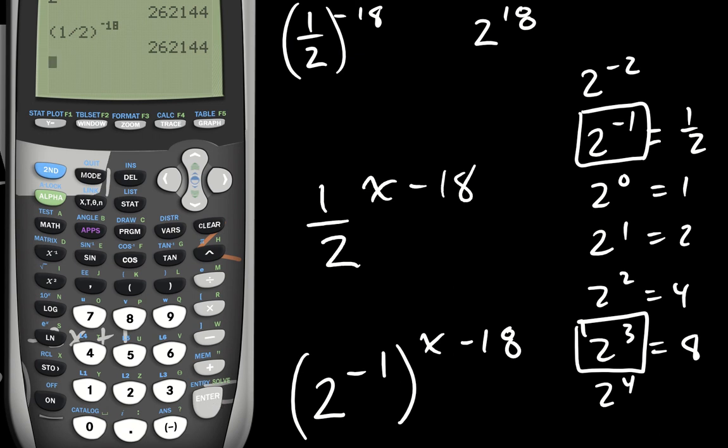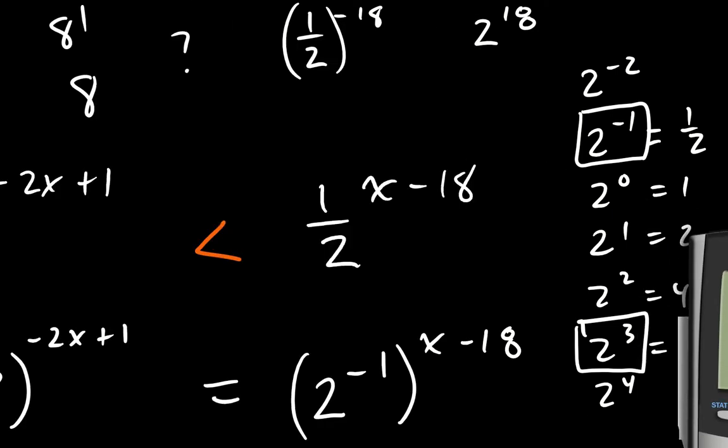You see this? So 1/2 to the negative 18th power really is the same as 2 to the 18th power. So this number is huge. It is 262,144.